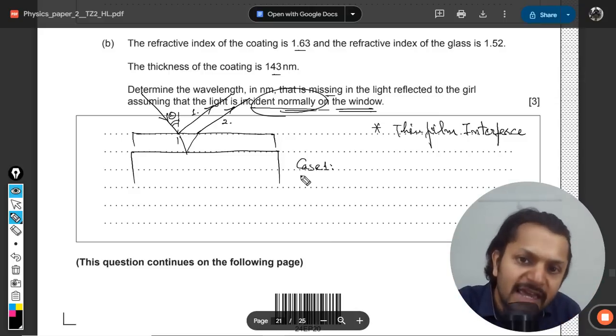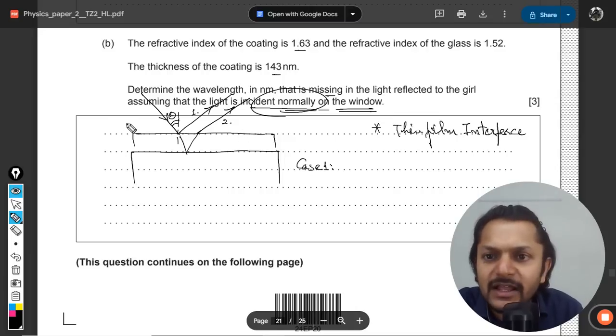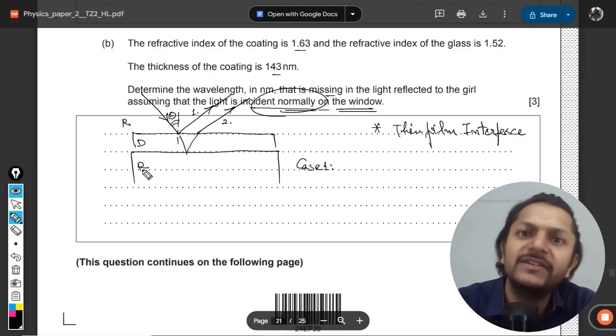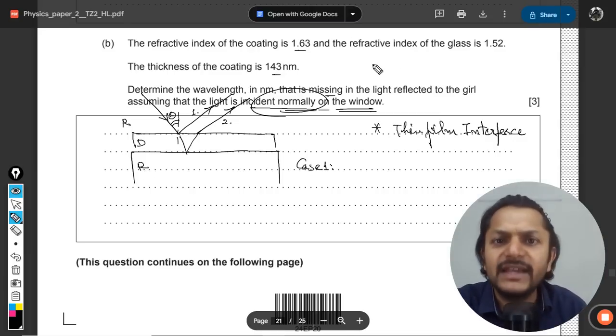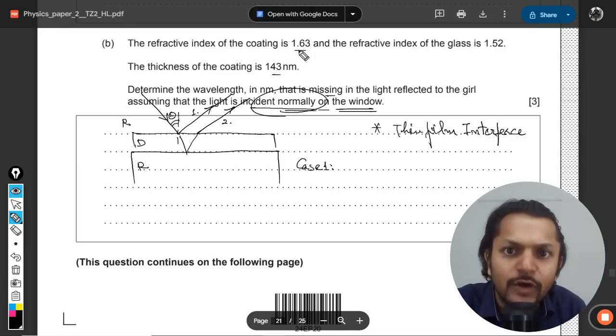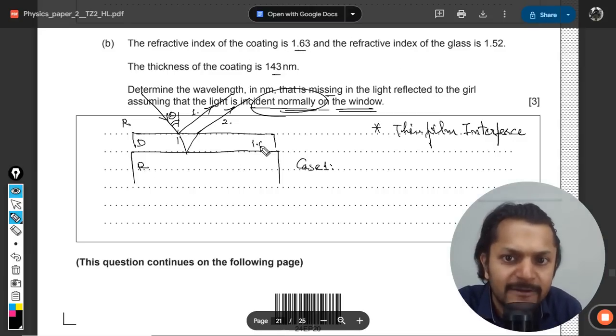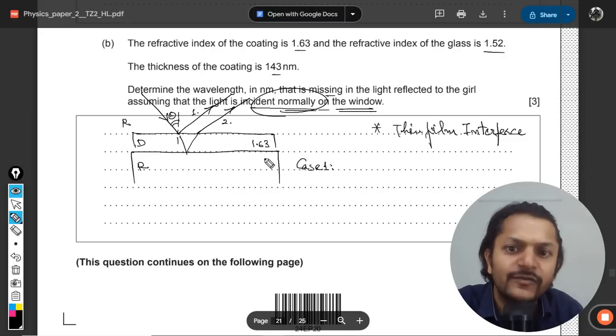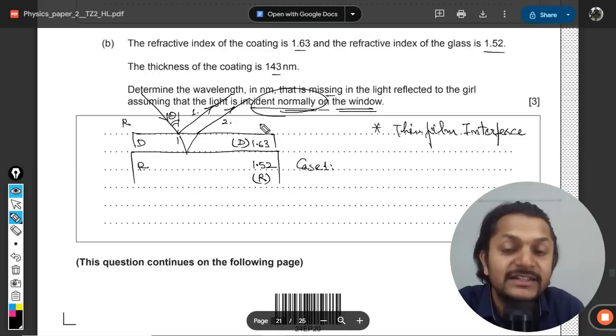Now, what happens? Case number one is when this is a rarer medium, this is denser, and glass is again rarer compared to the medium. Like for example, in this case, the refractive index of the coating is 1.63 and the refractive index of glass is 1.52. Clearly, this is rarer, this is denser, and this is air.